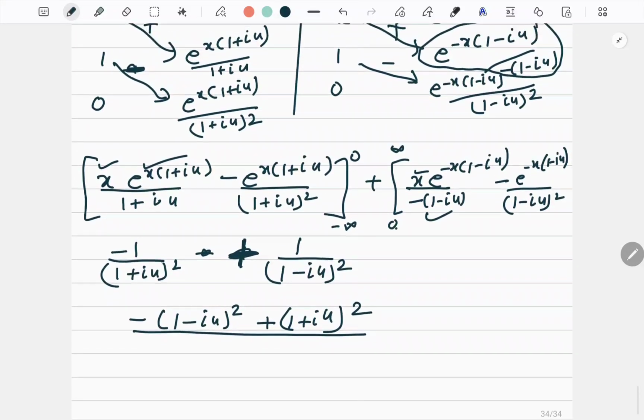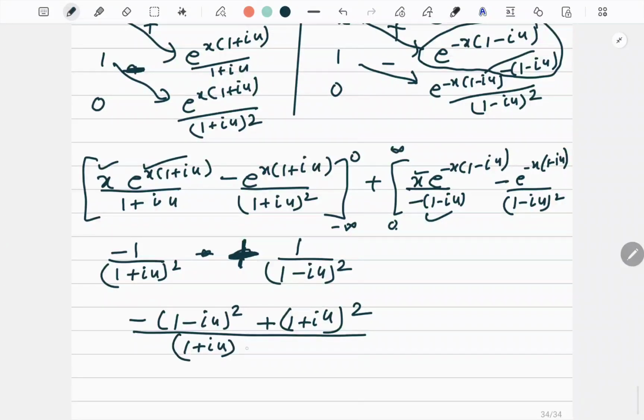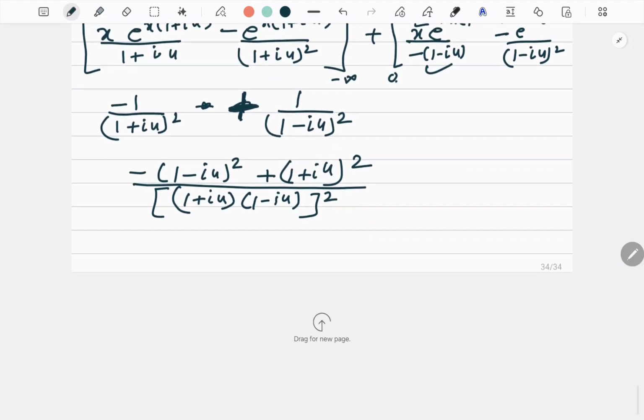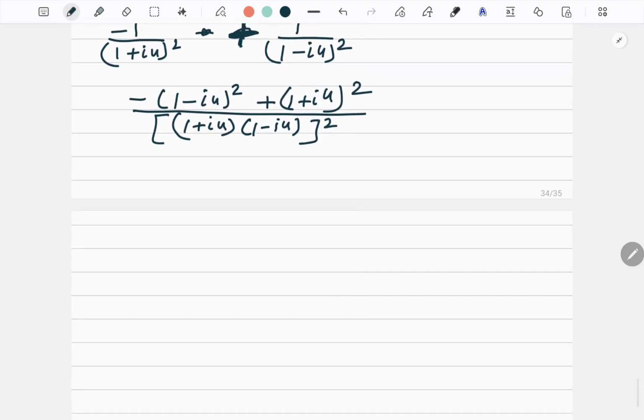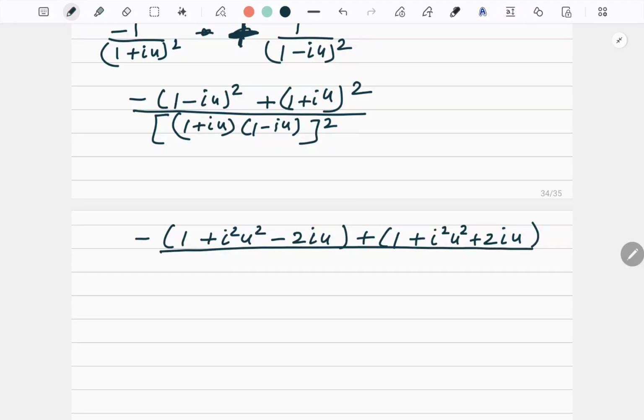And denominator, if I observe, it is (1 plus iu)(1 minus iu) and square. So this will be equal to minus (a square plus b square minus 2ab) plus (a square plus b square plus 2ab). So if you open the bracket, denominator also let me resolve.